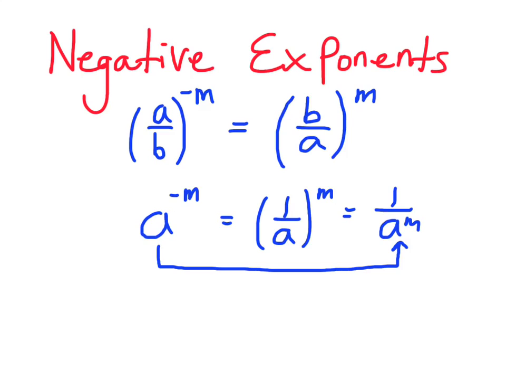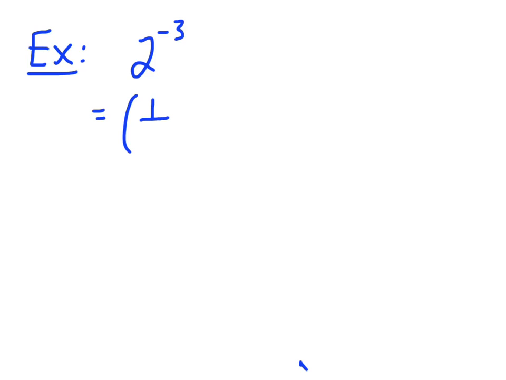Alright, so let's give this a shot. Let's do a couple of examples where we might want to simplify them. I'm just going to keep it fairly straightforward. So 2 to the negative 3. Remember we flip the base: 1 over 2, and then the exponent becomes positive.